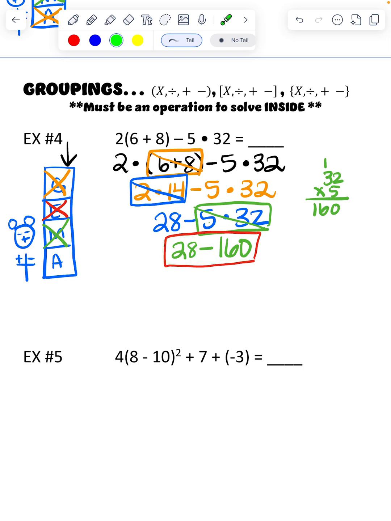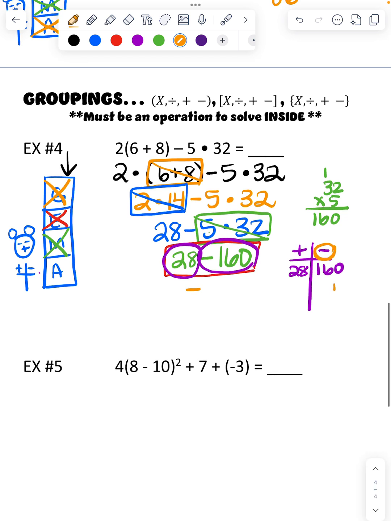Well, the answer would be no. Because of that, I know I'm going to need my integer table. So I'm going to circle: 160 is negative, and 28 is positive. If I think about it, who is going to win? Who has more power? Team negative definitely has more power, so my answer is going to be negative. And then because they're on different teams, we subtract.